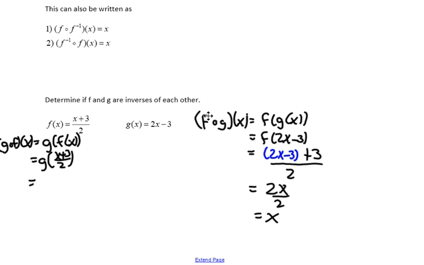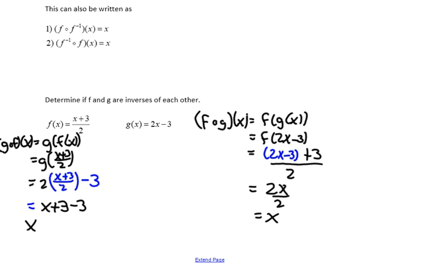That's 2 times, and then I'm going to substitute in x plus 3 over 2, minus 3. The 2's divide out, so that's x plus 3 minus 3, and 3 minus 3 is 0, so that leaves you with x.